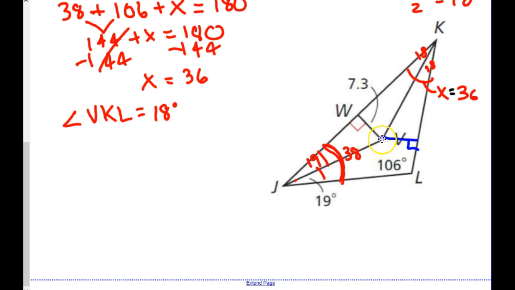So if from the incenter to W, if that's 7.3, what's from the incenter towards KL going to be? The exact same thing, 7.3, right? That's one of the properties of an incenter. It's equal distance to the sides. So that means I'm going to write my answer from V to KL is equal to 7.3.